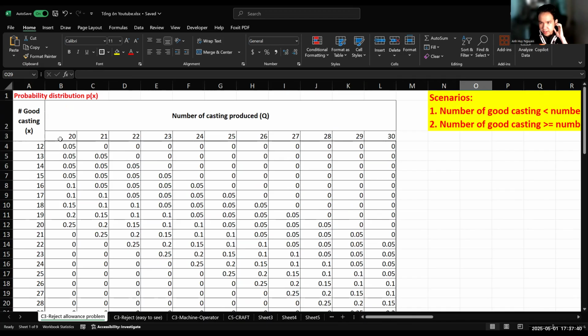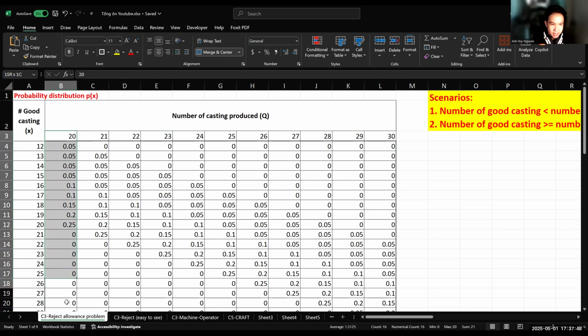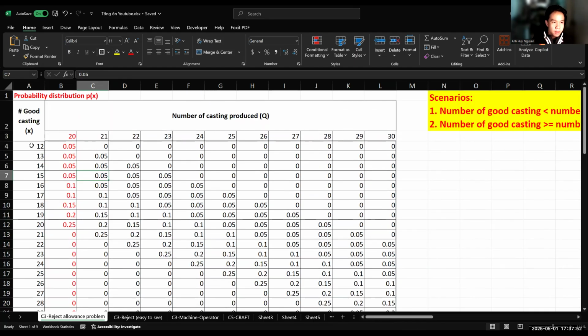So how do we read this table? For example, if you schedule to produce 20 castings, the probability that you have 12 good castings out of 20 castings produced in total is 0.05, and so on.